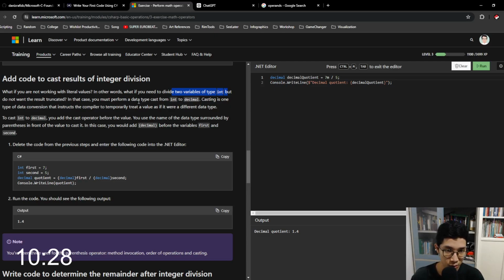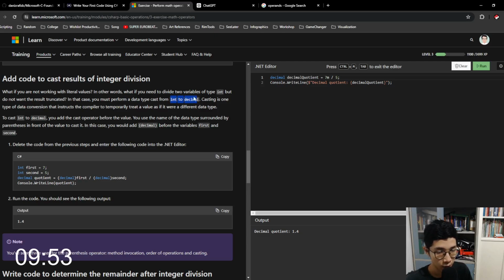In that case, you must perform a data type cast from integer to decimal. So this is the keyword, integer to decimal.